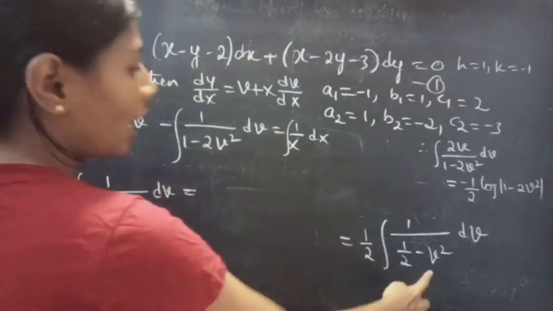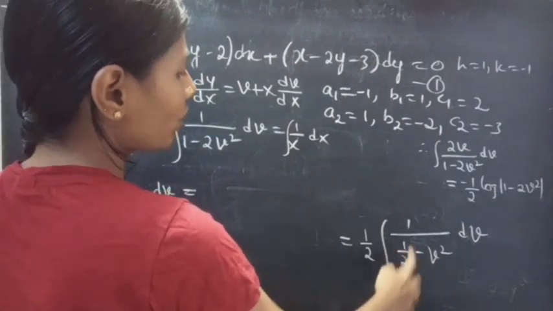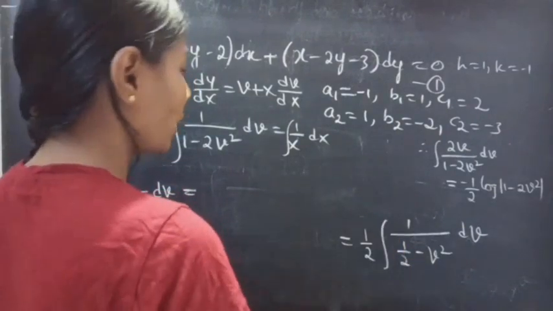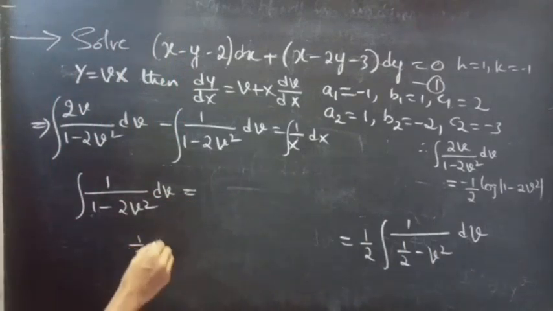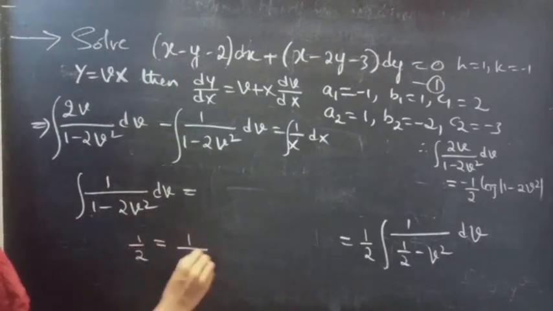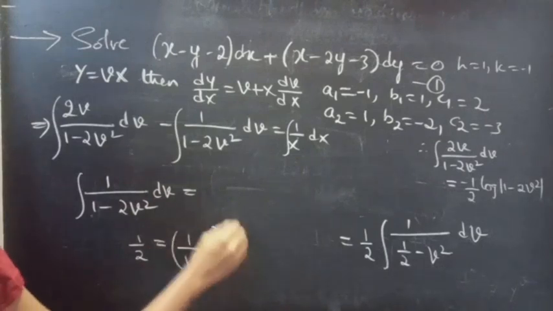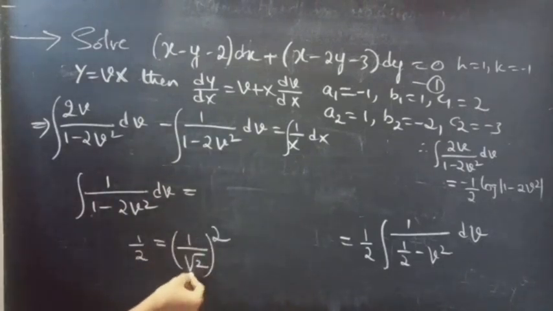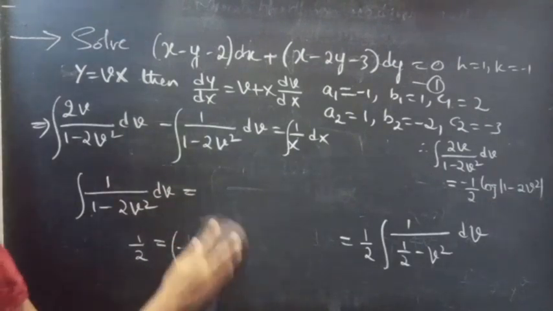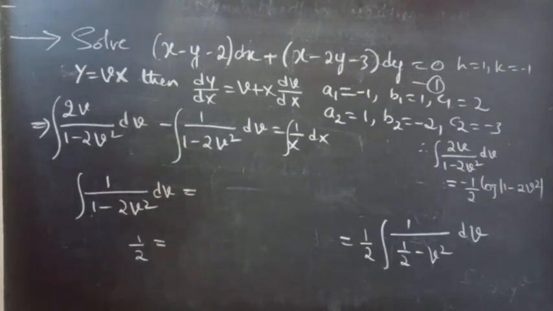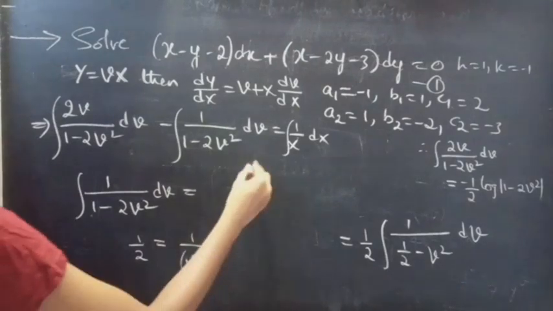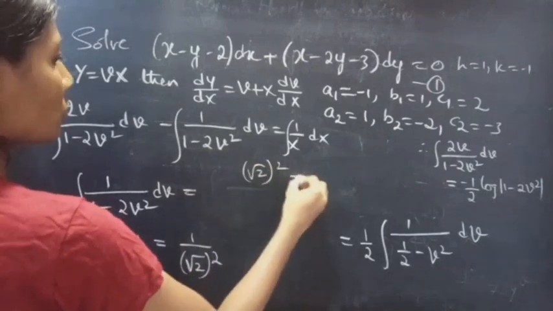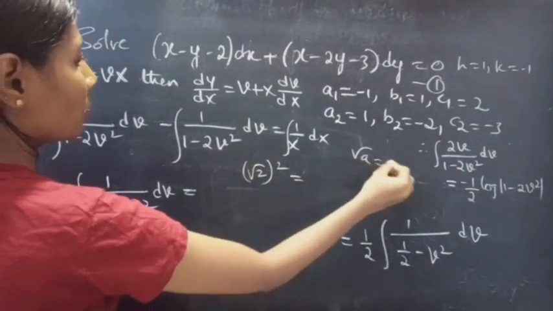Here you're having v square, right? We can also write the first term in terms of square. You're having 1 by 2, right? So, you can write 1 by 2 as 1 by square root of 2 whole square. Since square root of 2 whole square equals, we know that square root of a can be written as a power 1 by 2.